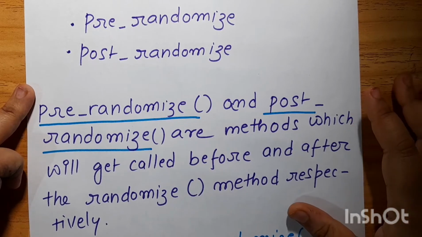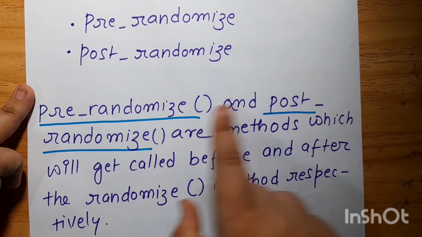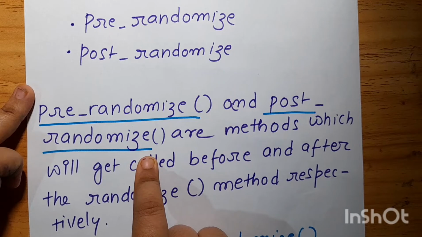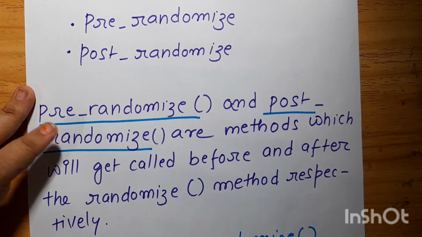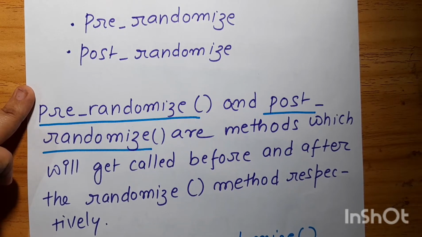Please note that pre_randomize and post_randomize we define in the class. But when we create the object with new in the module and then call randomize, pre_randomize is automatically called before it, and post_randomize is automatically called after it.